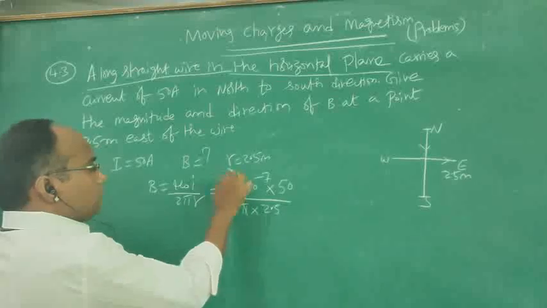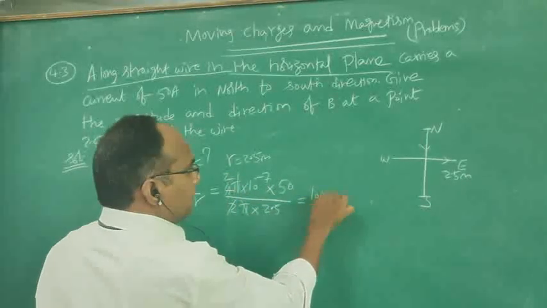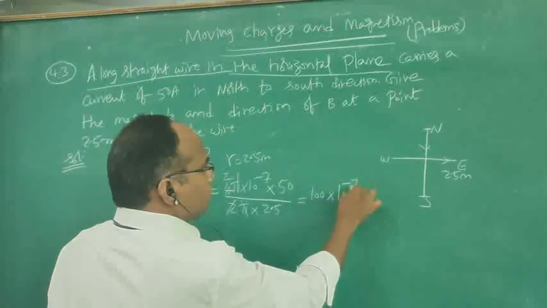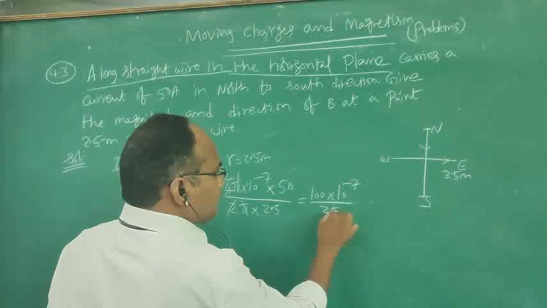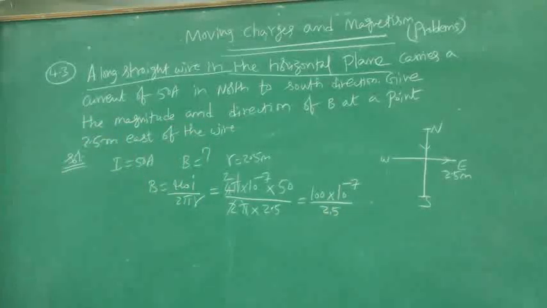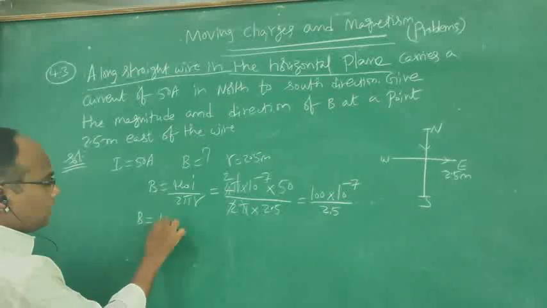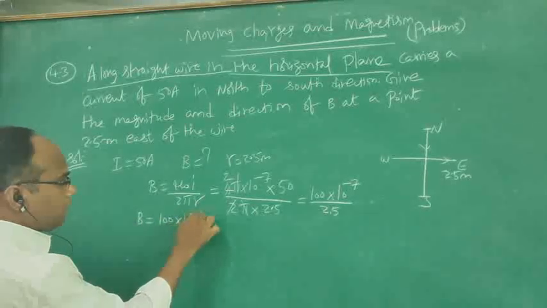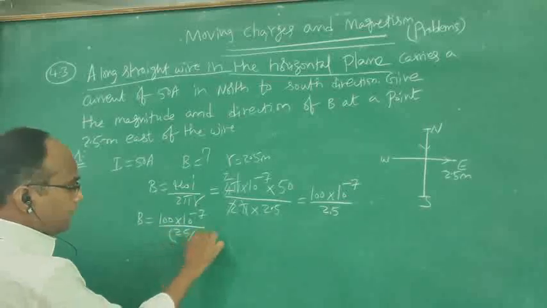2 ones are 2, 2 fives are 10. So this is 100 into 10 to the power of minus 7 divided by 2.5. Now 2.5 can be written as 25 by 10.